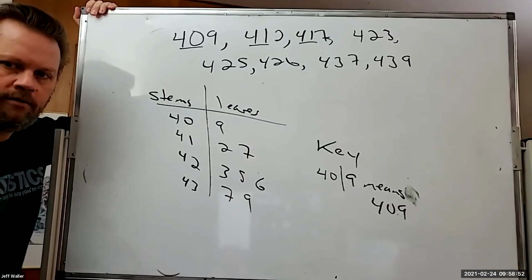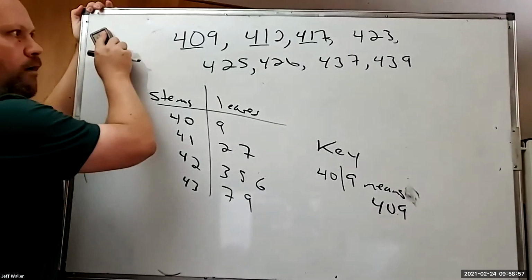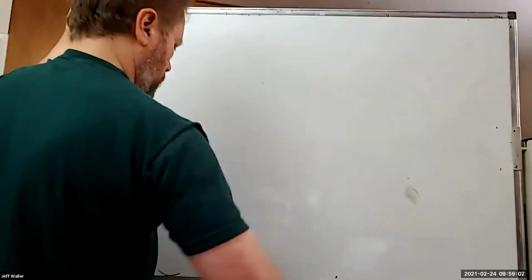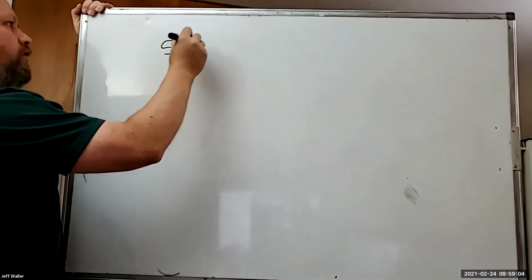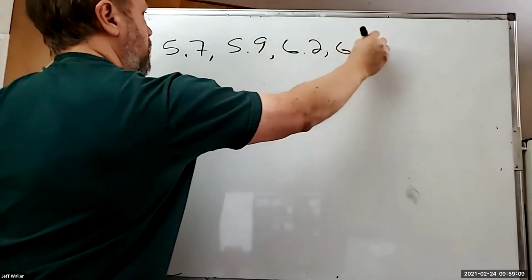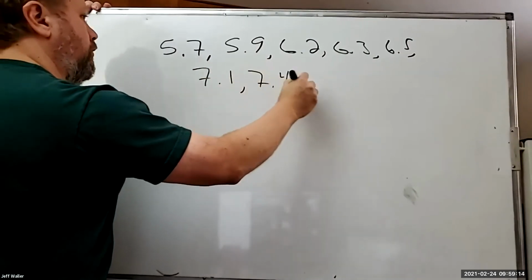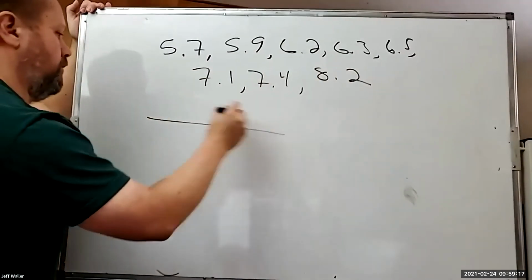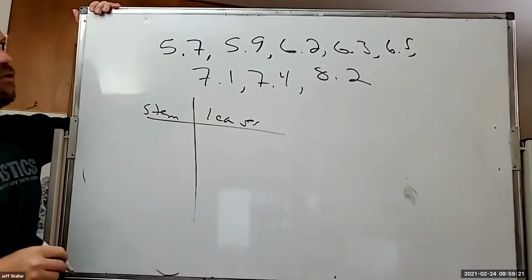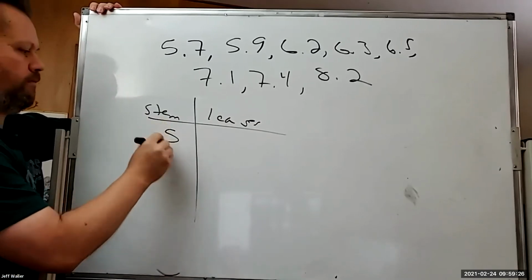Okay. Let me show you another example. So what if I had 5.7, 5.9, 6.2, 6.3, 6.5, 7.1, 7.4, 8.2. All right, stem and leaves. What should you use for your stems? 5, 6, 7, and 8.